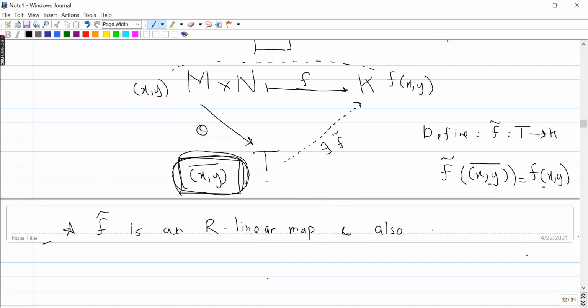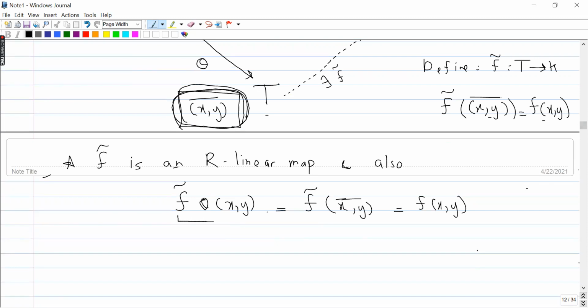Which property is it satisfying? By definition, if I first apply theta to some (x, y) and then apply f tilde, then by definition the answer is (x, y) whole bar, and this is also equal to f of (x, y). So if I put (x, y) into f tilde composed with theta, the answer is f of (x, y). So it implies that f tilde composed with theta is equal to f. So this second property is also satisfied.